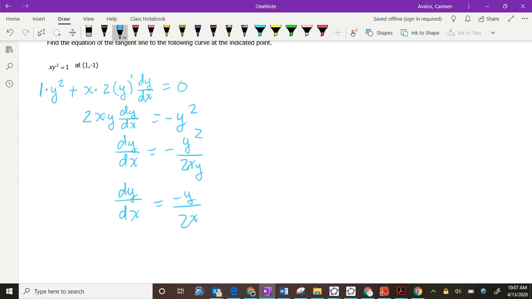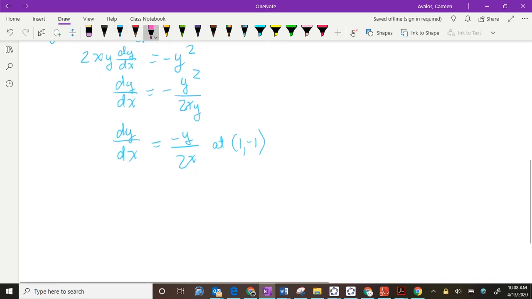Okay, so that's the derivative on there, but I want to know what the slope is at 1, negative 1. This is a slope at every point, but I want the specific point 1, negative 1. So then we take our derivative, and I'm going to put that in here, and we're going to find what that is.